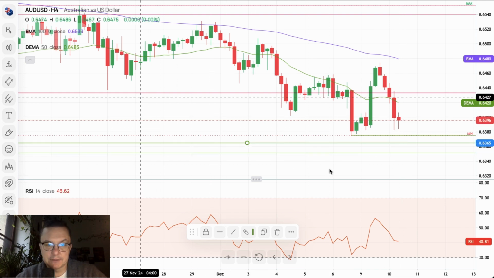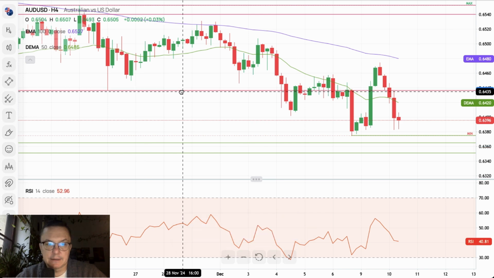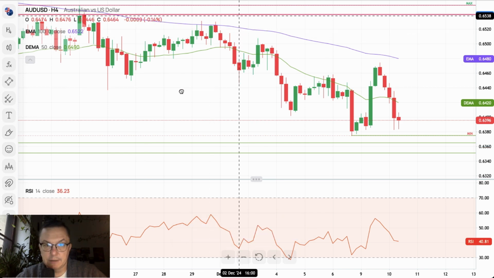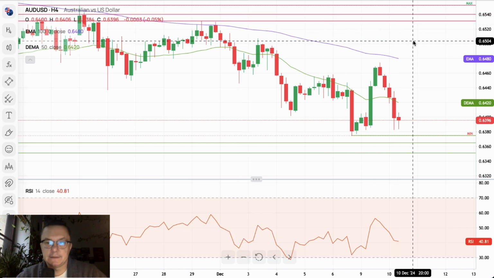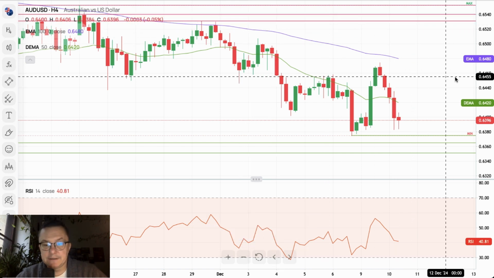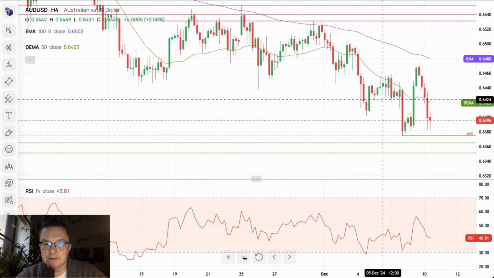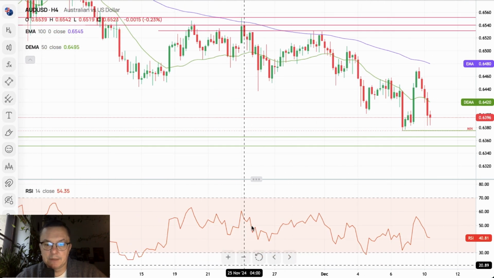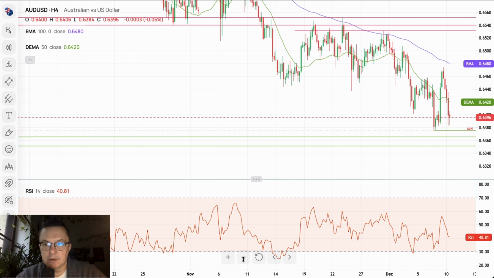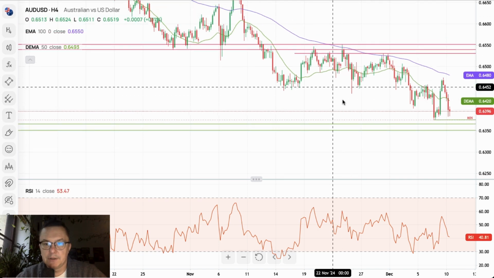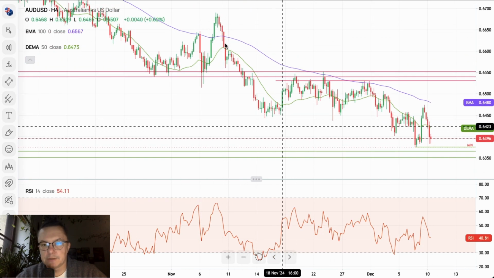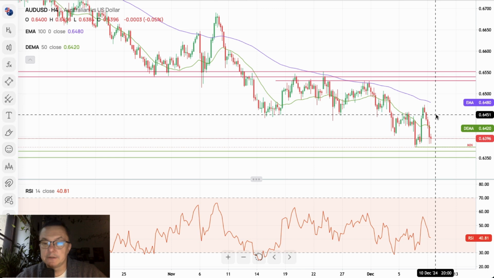So those are the levels of the technical support. We got this technical resistance, but the market doesn't actually want to respect this level. So let me move it higher, and the situation is still bearish. You can see it here that we keep doing the lower lows, lower highs, and the down trend is continued.